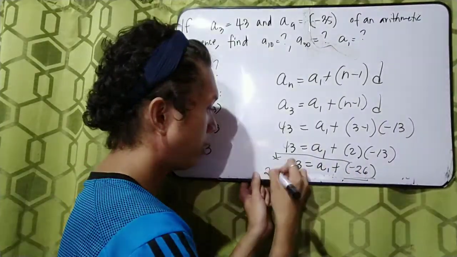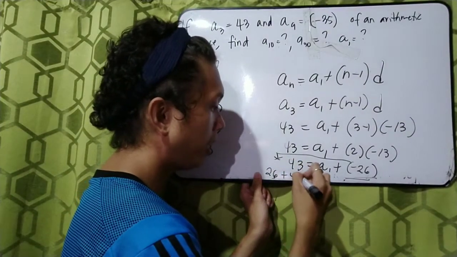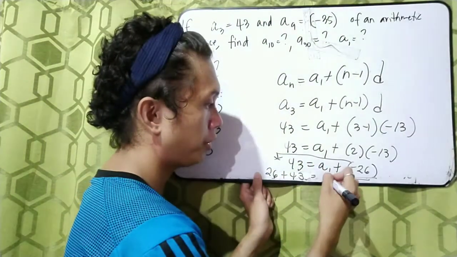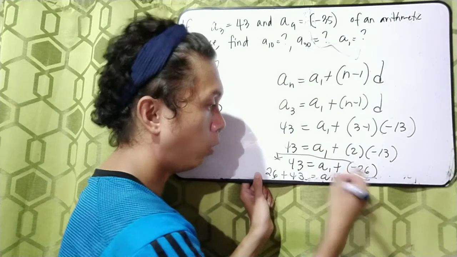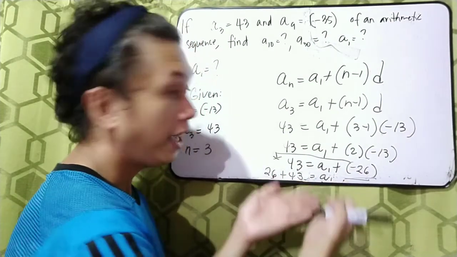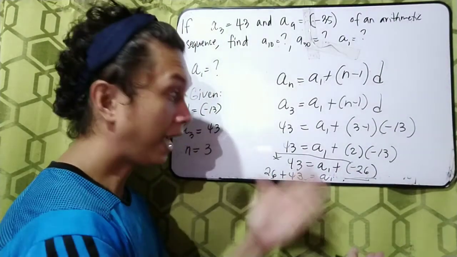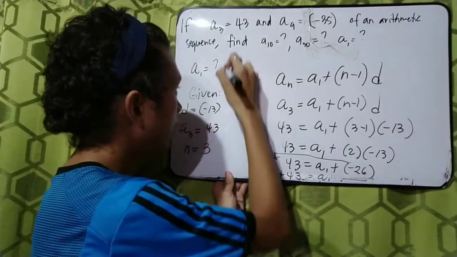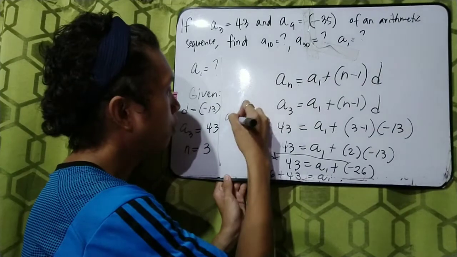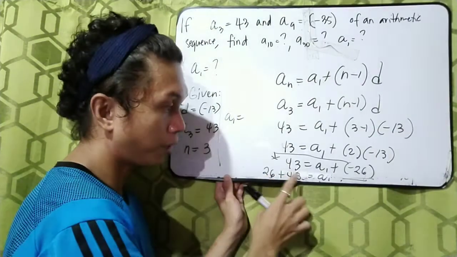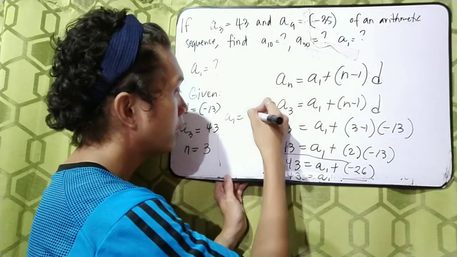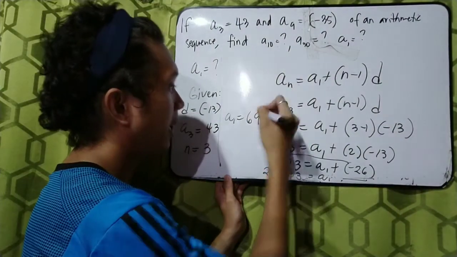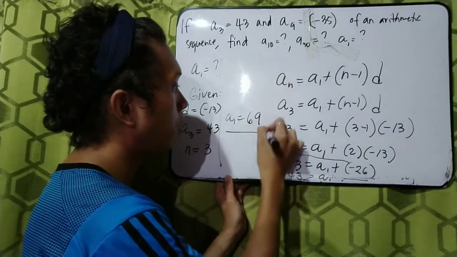So positive 26 plus 43 is equal to a sub 1. A sub 1 doesn't have any number beside it, so it will be easier to do that. So a sub 1 is equal to 26 plus 43, which is equal to 69. Therefore, our a sub 1 is 69.